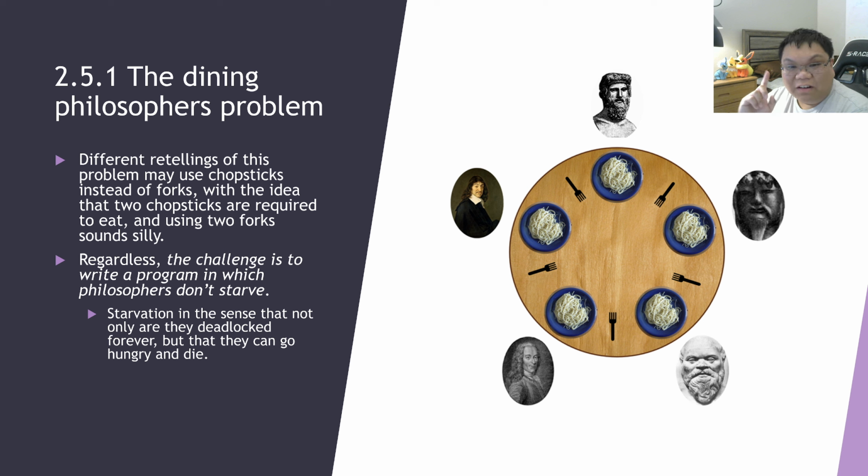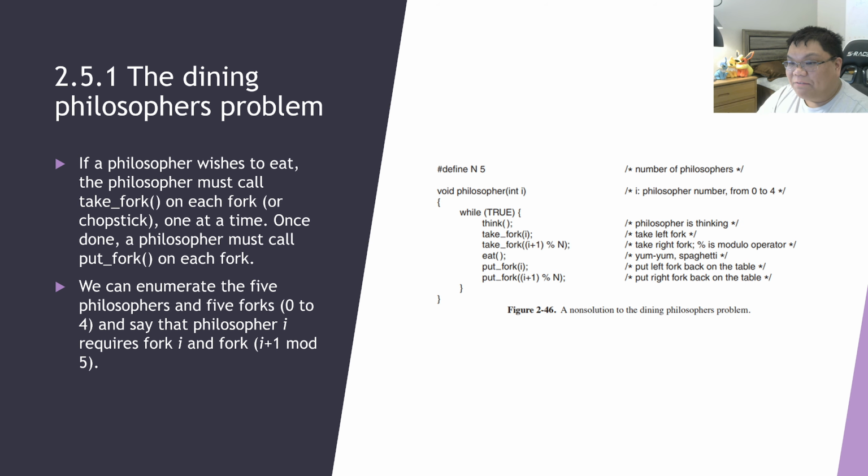But the challenge, regardless, is to come up with a program in which philosophers don't starve. Starvation in the sense that not only are they deadlocked forever, but these are philosophers who are trying to eat and they just die of literal starvation. If a philosopher wishes to eat, the philosopher must call take fork on each fork one at a time. Once done, a philosopher must call put fork on each fork.